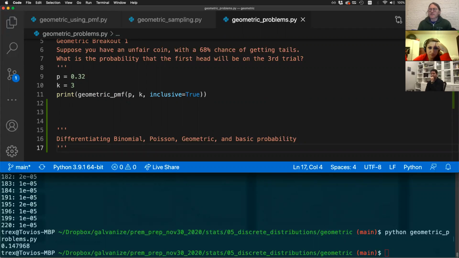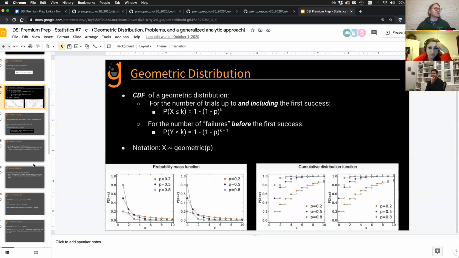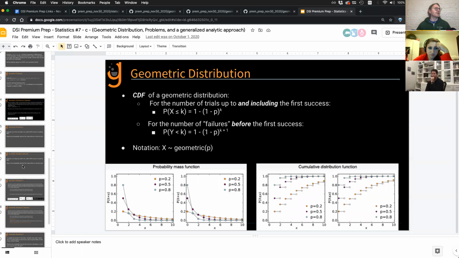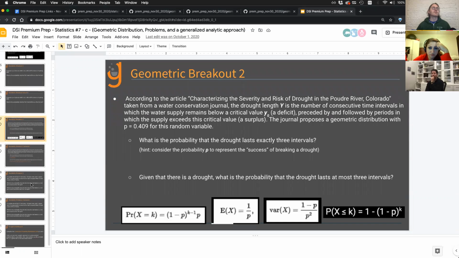It's just some extra practice if you want to do that breakout. I don't remember which slide. Ah, yeah, it's this. It's characterizing severity and risk of drought.